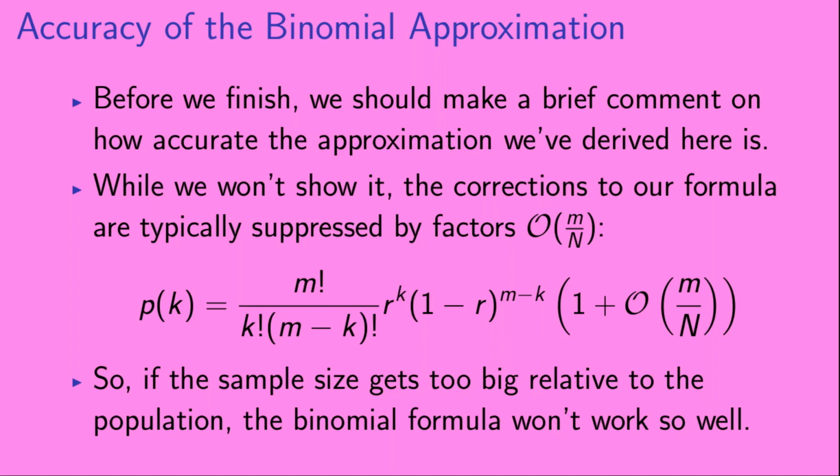So we could write p of k as m factorial over k factorial (m minus k) factorial, r to the k, (1 minus r) raised to the power of m minus k, all multiplied by 1 plus terms that go as m over n. So if the sample size gets too big relative to the population, the binomial formula won't work so well.